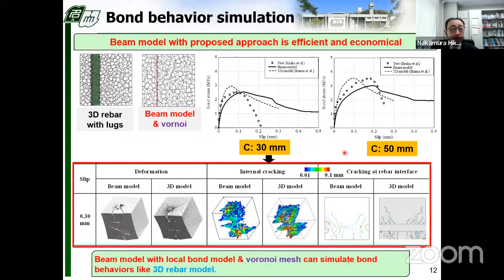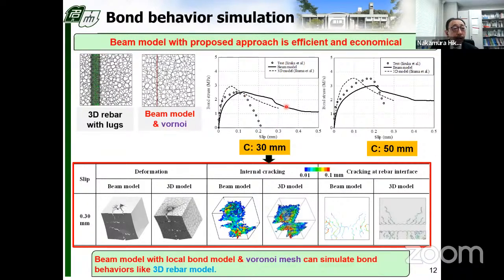This shows the comparison between test and simulation result for different cover thickness. In order to understand the effectiveness of the beam model of rebar, I made another model using a 3D rebar model with lugs. So the result of the 3D rebar model with lugs is also shown together.